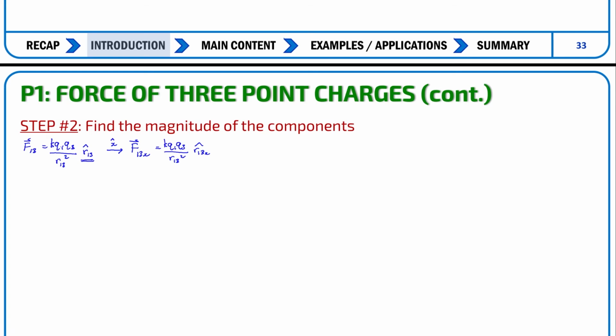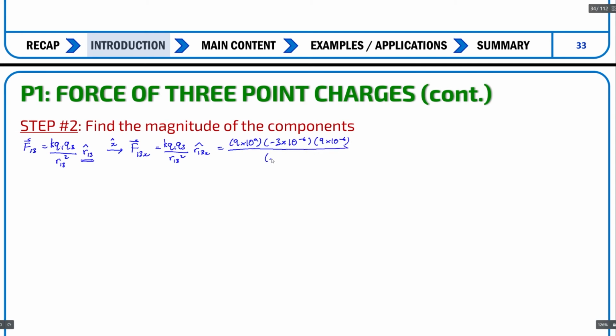And that means I should be able to calculate this to be equal to 9 times 10 to the 9. We just make sure it's the correct units, Newton meter squared per Coulomb squared, minus 3 times 10 to the negative 6 coulombs for Q1. And then for Q3, we have 9 times 10 to the negative 6 coulombs divided by R13 squared.